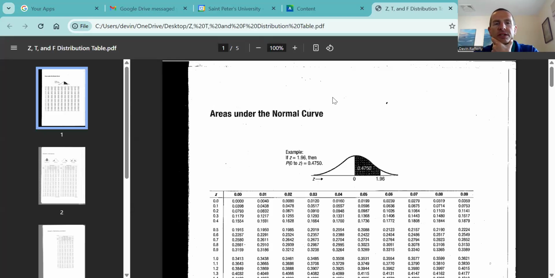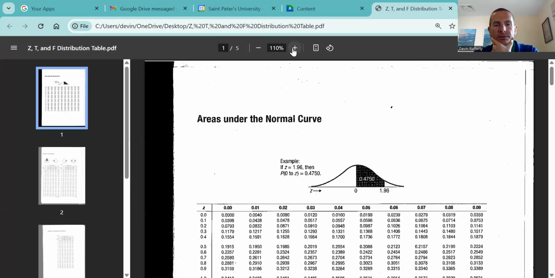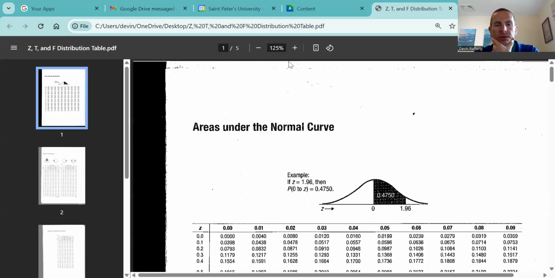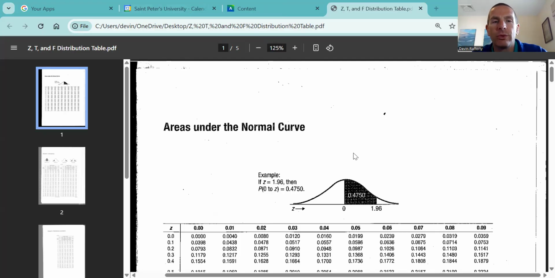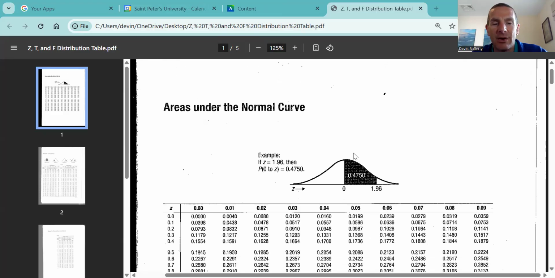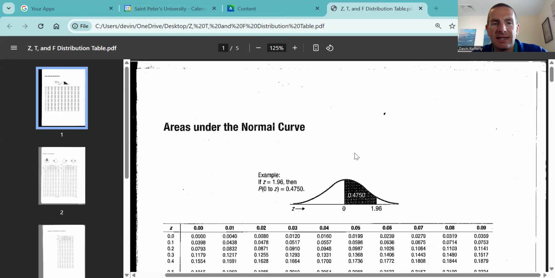So if we have a z-score of 2.4, what we can now do is look that up in our z distribution, our z table.